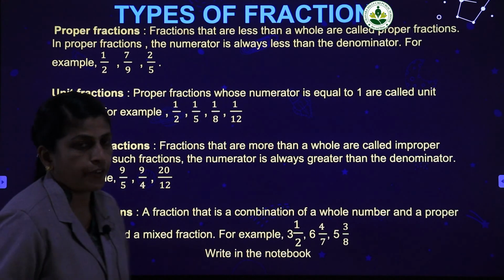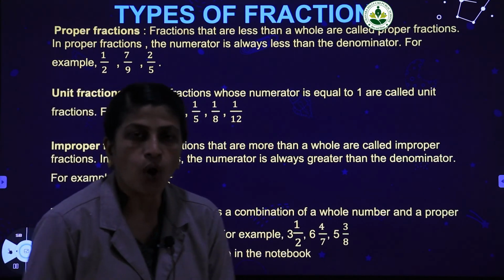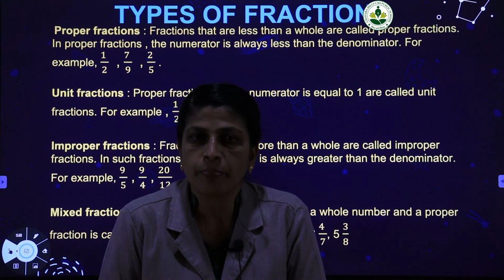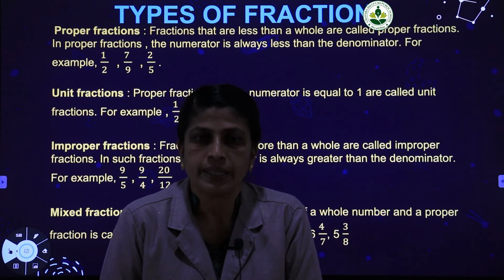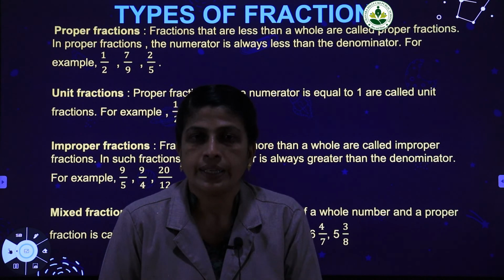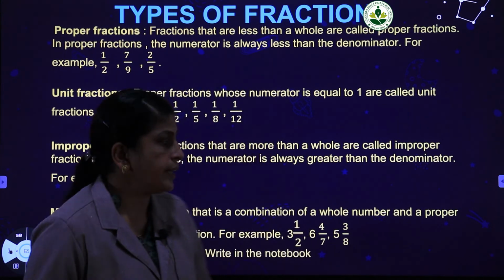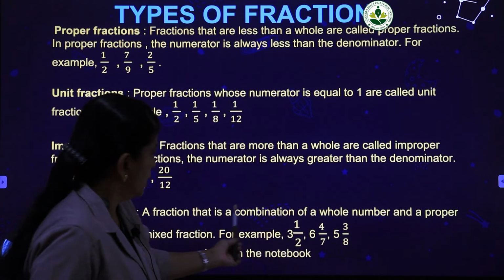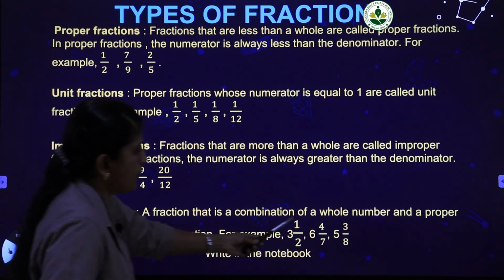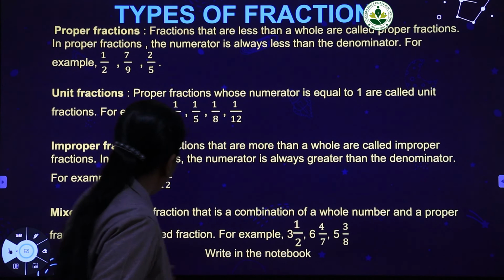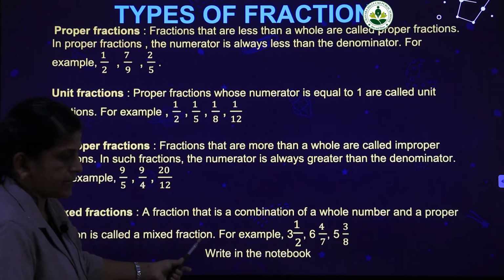That means in a fraction, if the whole number part and the fraction part are both together, then it is a mixed fraction and it is always greater than 1. A fraction that is a combination of a whole number and a proper fraction is called a mixed fraction.